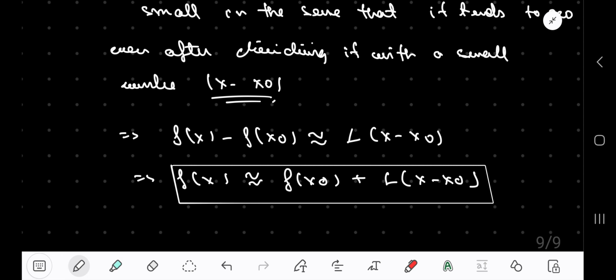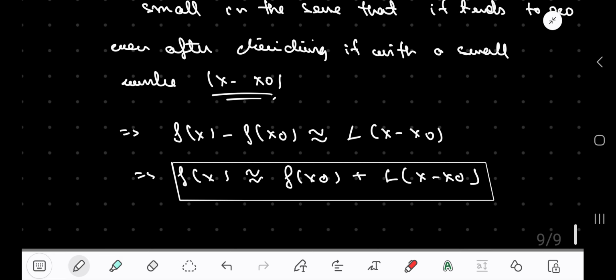And this was something we said previously, right? Whenever f is differentiable at some point, then around that point it approximates the tangent at that point. So in this way we try to mimic this definition a bit.